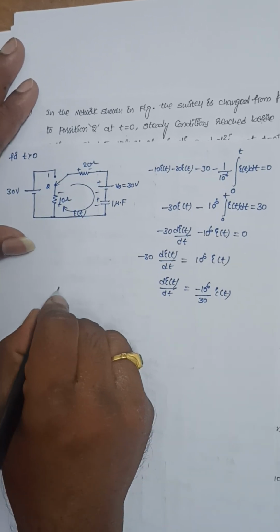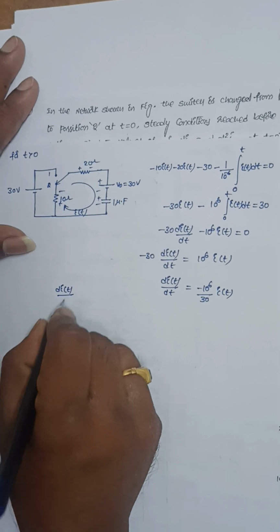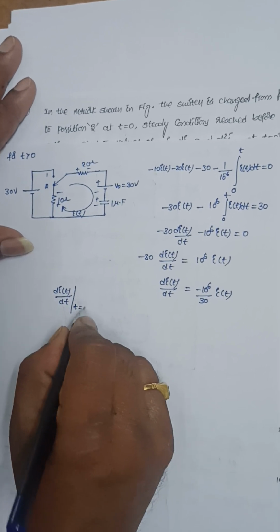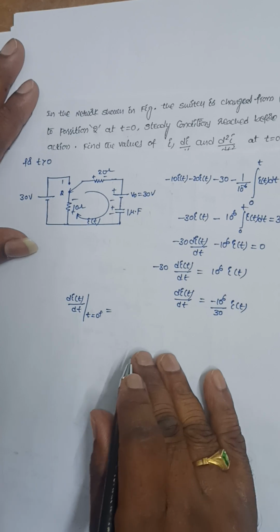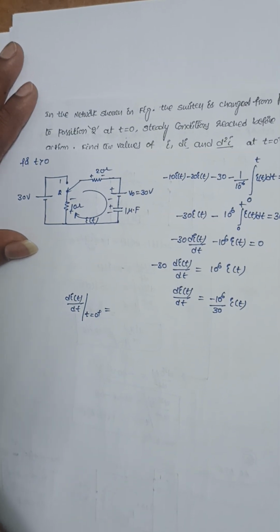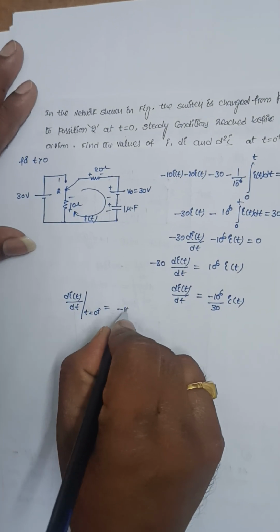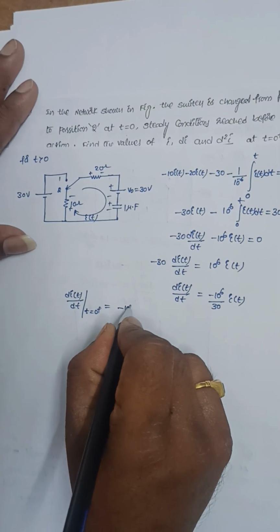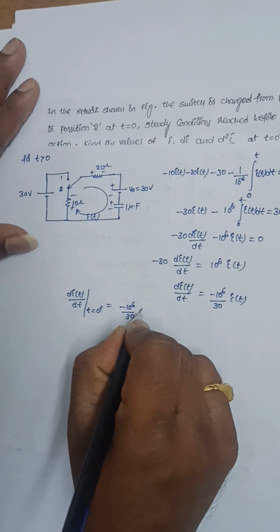So di of t by dt at t equal to 0 plus is equal to minus 10 power 6 divided by 30 into I of 0 plus.